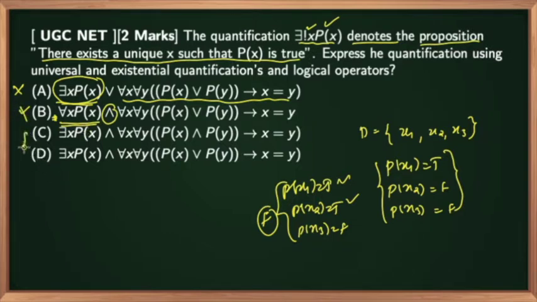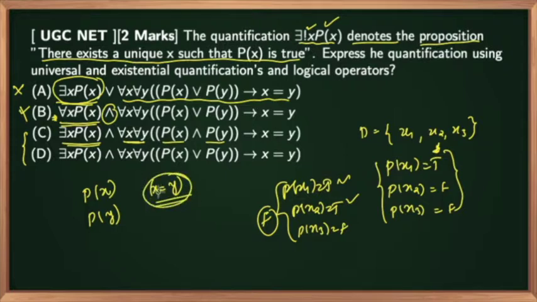Now if you see C and D, it says there exists an x p of x, right? That is true. There should exist an x p of x that is true. And for all x all y, if p of x and p of y, that means if I am able to find two values p of x and p of y, if both are true, then x should be equal to y.